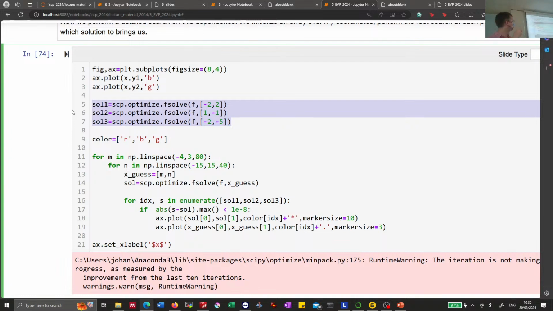So I get a solution. I call that sol. Ideally, this solution will be identical to solution 1, given over here. This is one of the stars. Solution 2, or solution 3 as defined in lines 5 to 7.